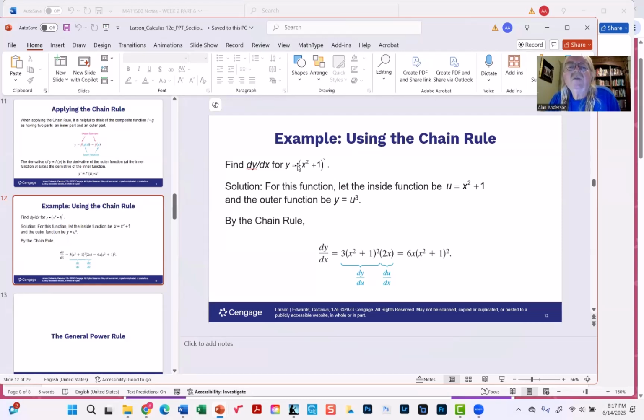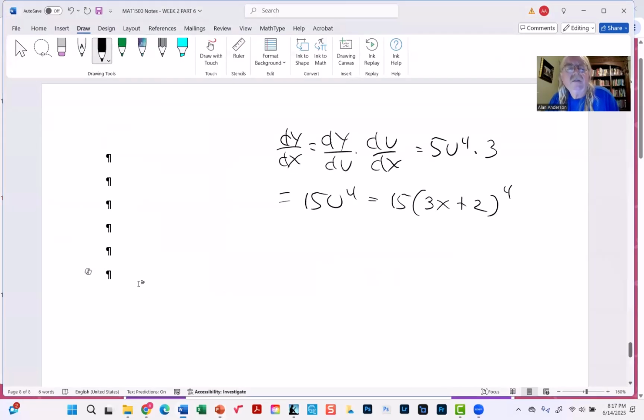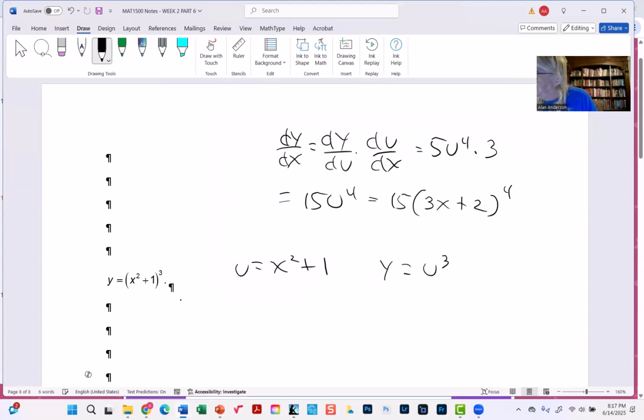So if you've got y equals x squared plus 1 cubed, you can think of it as u equals x squared plus 1. So y is u cubed. And so du dx is 2x, dy du is 3u squared.